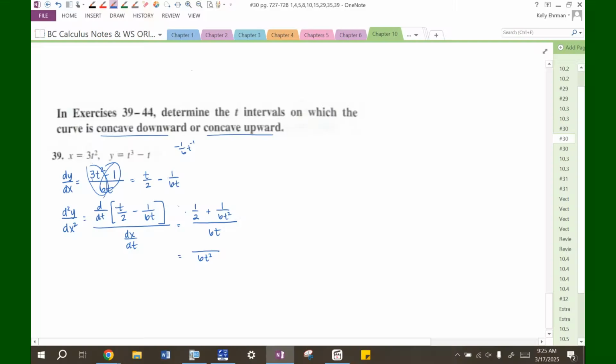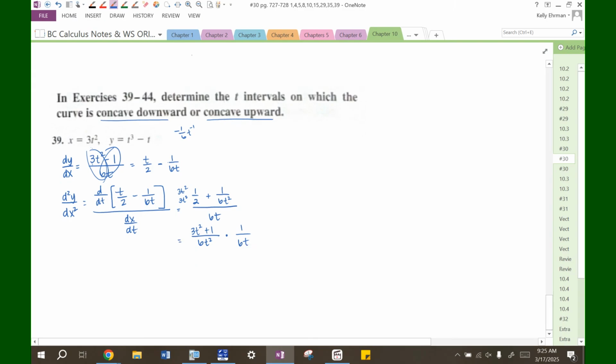So this needs to get multiplied by 3t squared. So that's going to be 3t squared plus 1 over 6t squared times 1 over 6t. Nothing exciting cancels. We have 3t squared plus 1 over 36t to the third. That's my second derivative.